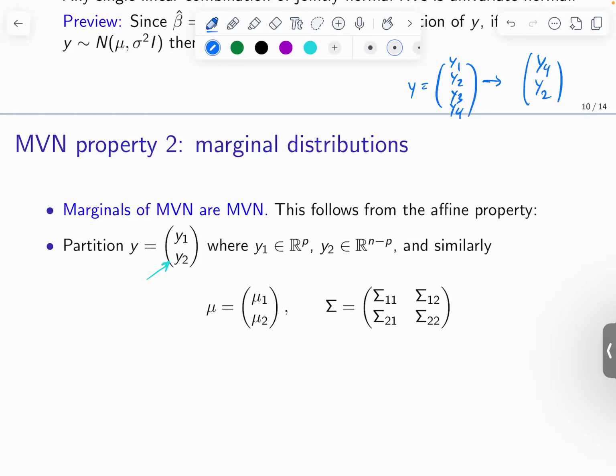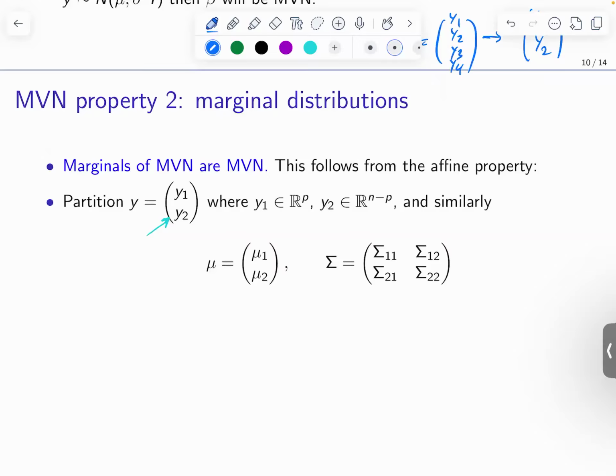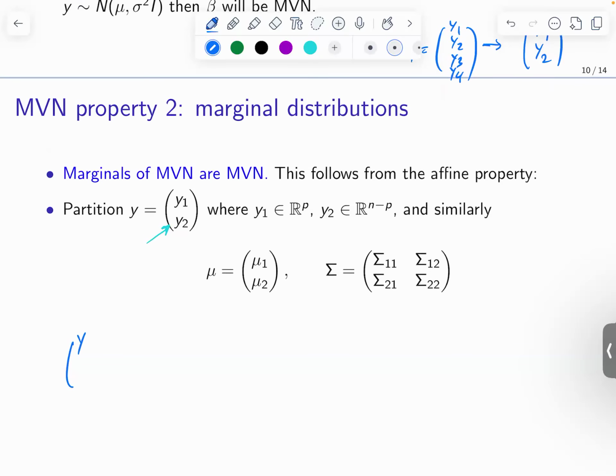a multivariate normal distribution. To see this, let's say I look at this y4 and y2, and the claim is that I can write it as a linear function of y1, y2, y3, y4. See why that's the case? There's a matrix that if I multiply, I get that. You want to help me?